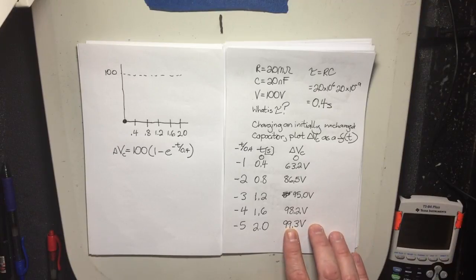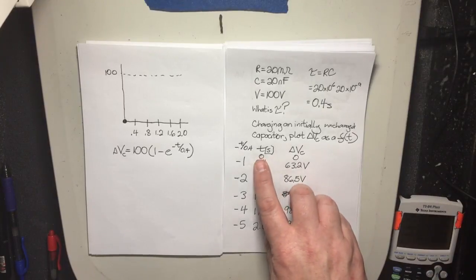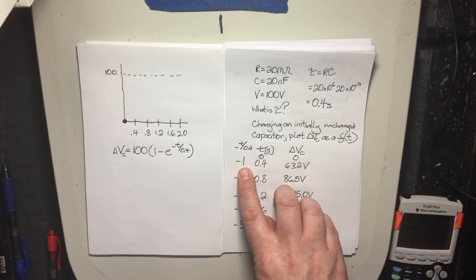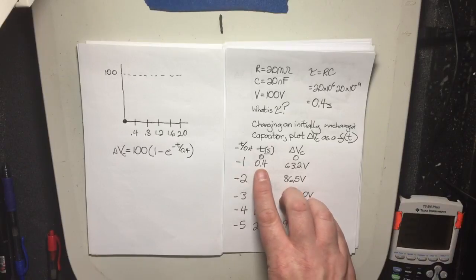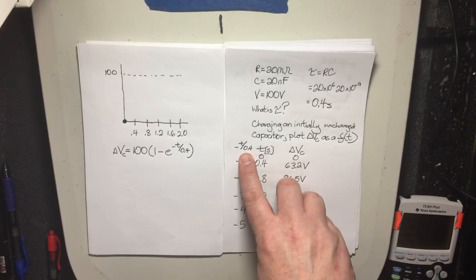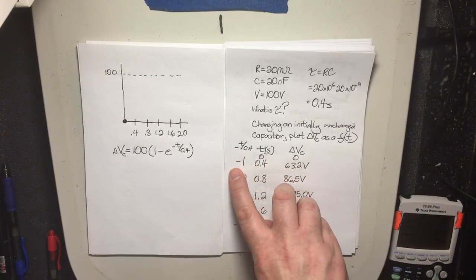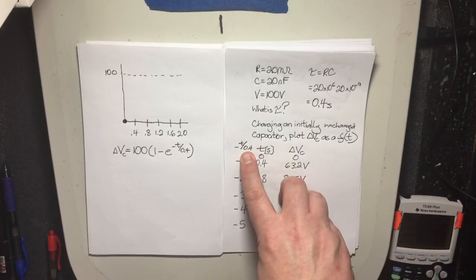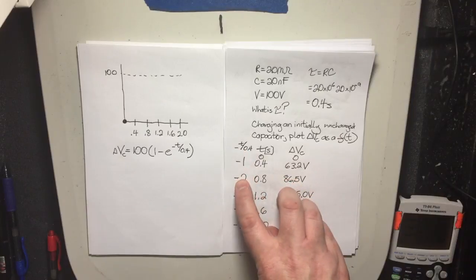Yes? So we started at negative 1 because it was uncharged? Originally time was 0 and delta VC was 0. What this is, is the multiple of tau. 0.4 seconds divided by 0.4 with the minus sign is negative 1. 0.8 divided by 0.4 with the minus sign is negative 2.